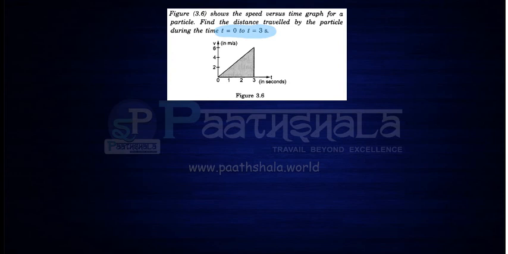So here, given that the graph is a triangular graph, the area of the triangle is nothing but area equals half into base into height.